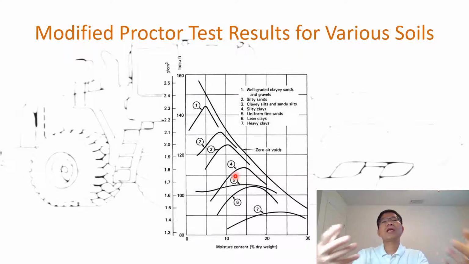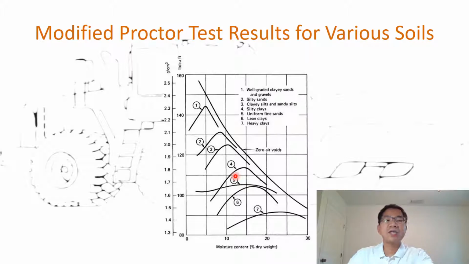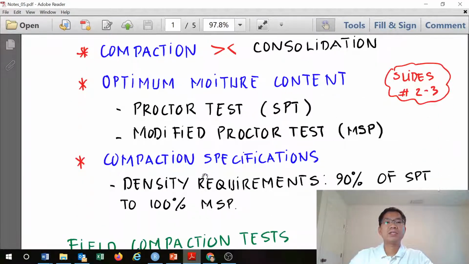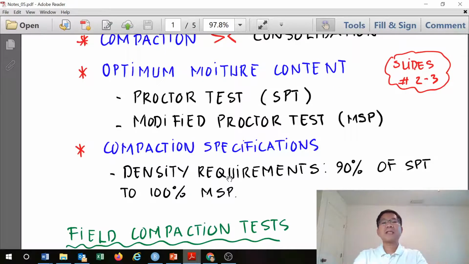So in construction, how can we determine and make sure that we meet the requirement the engineer specifies for compaction? Going back to the notes that we have here, you can see that they need to specify, for example, somewhere in terms of density requirement, 90% of standard Proctor test.